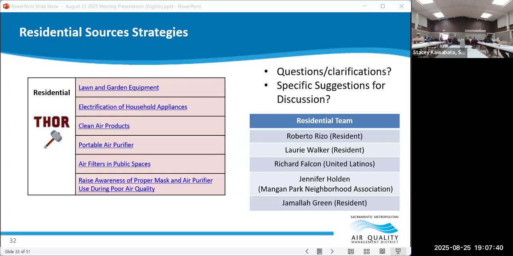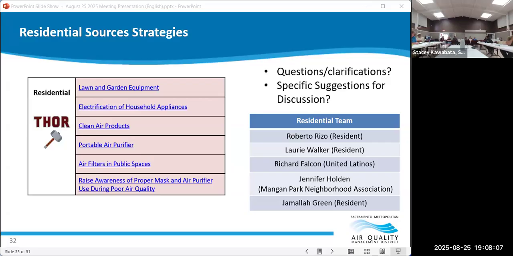As we're talking about feasibility, I know feasibility is part of the process of what you are determining, but is that something we should be looking at? Let me say, like clean air products, thinking about how much these products cost, is that what we get to in October, more so?